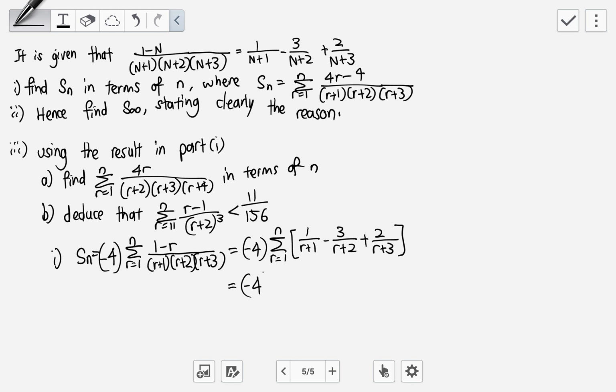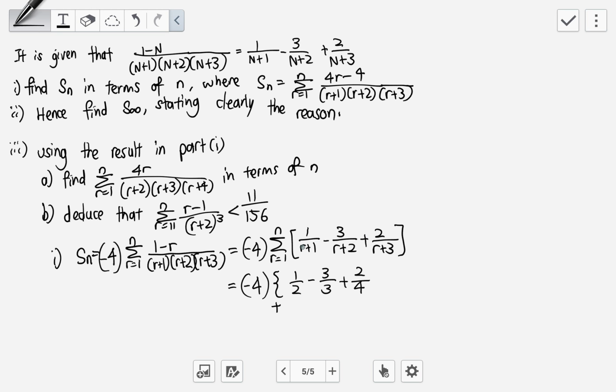So minus 4 multiplied to the whole thing. What is inside this? When r equals to 1, this is just half, correct? Minus 3 over 3 plus 2 over 4. So plus when r equals to 2, I'm writing out in these lines because then it's easier to use the method of difference.